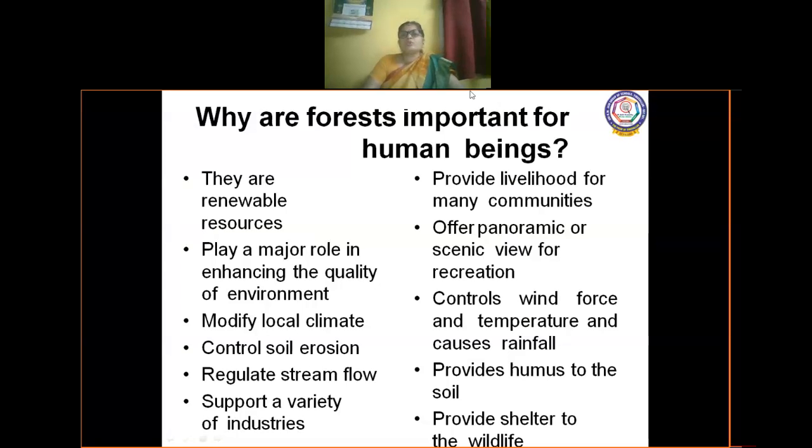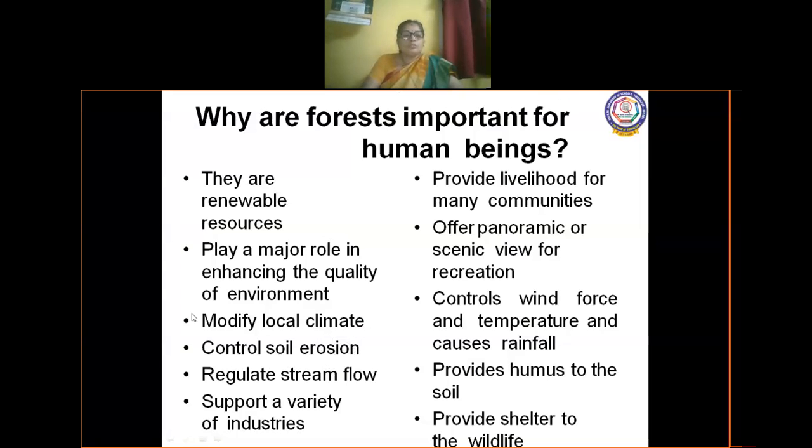Now, why are forests so important for human beings? As I introduced the topic itself, I told you how all the forests are helpful for human beings and animals. Here you can see that they are renewable resources. So, what kind of resources are they? They play a very important role in enhancing the quality of the environment, first of all, and they modify local climate and control soil erosion.